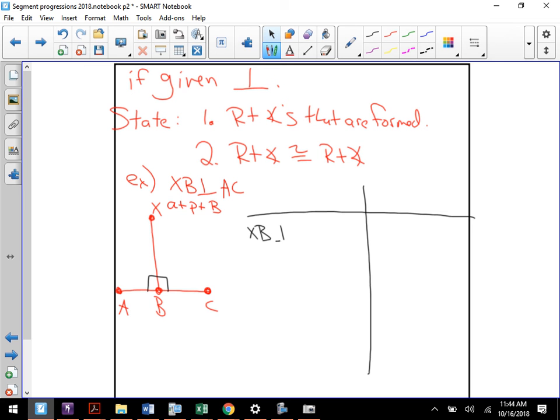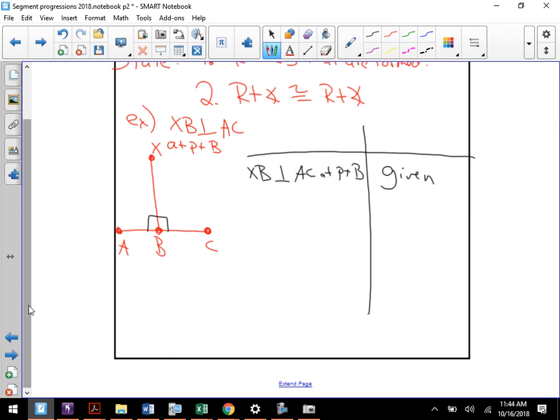XB perpendicular to AC at point B. Sometimes it tells you where it's perpendicular, sometimes it doesn't. If this just said XB is perpendicular to AC and it gave you the diagram, you could go ahead and say from the diagram you know that that's where those angles have to occur, if that's your given. From there, I would say my two angles that are created.